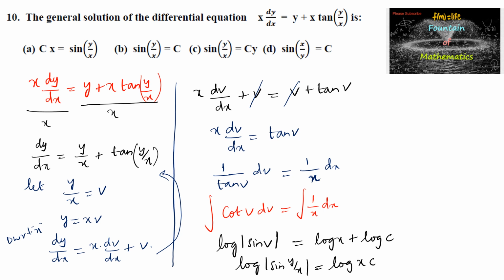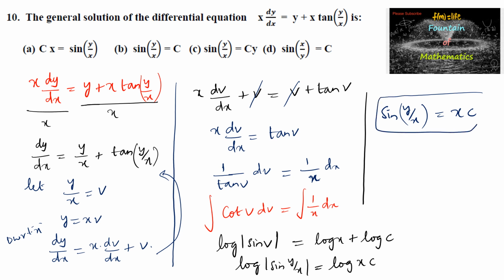Now removing logarithm on both the sides, we can simplify and write sin of y by x is equal to x into c, or cx is equal to sin of y by x, is the general solution for the given differential equation. So we can go with option A.